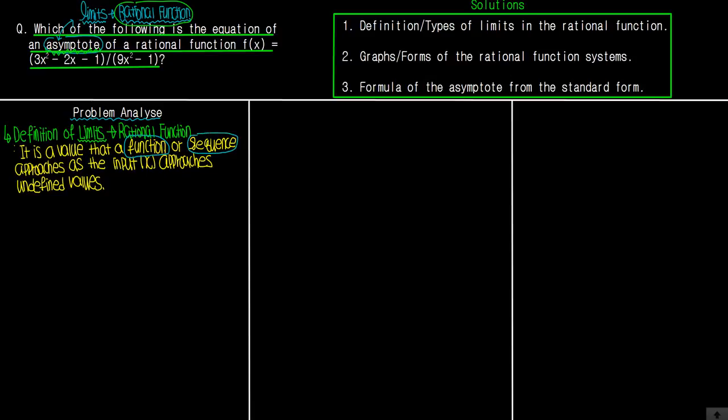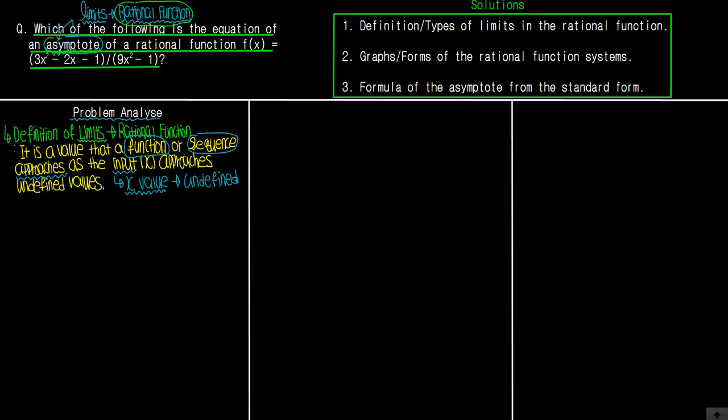They are approaching something, and what they approach is the input value. If you convert into an xy coordinate, it is the x value that approaches. And what does the x value approach? The undefined values.